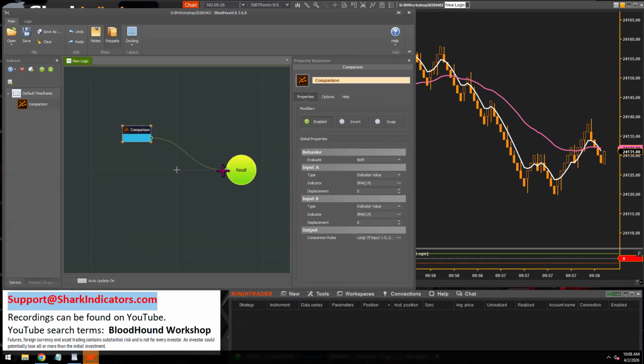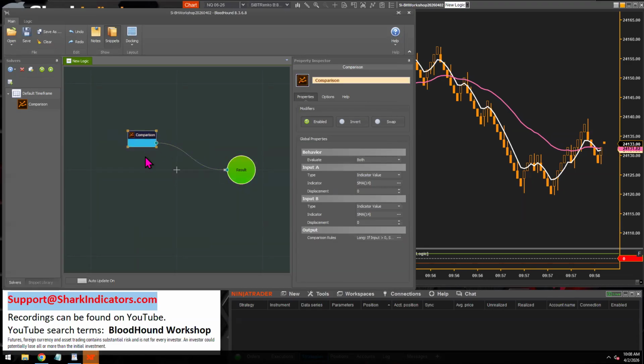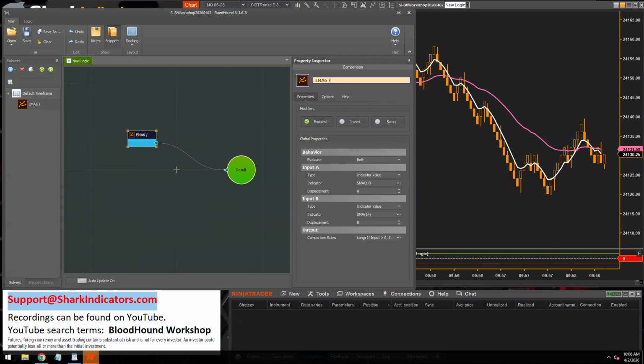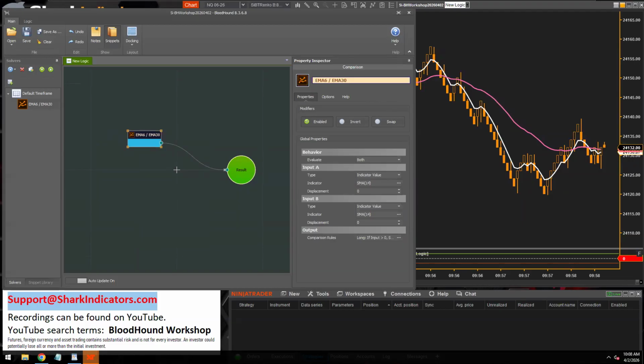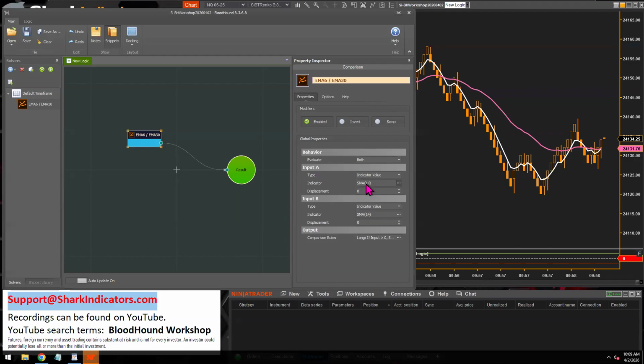Let's rename this, EMA 6 to the EMA 30. Input A is almost always the faster moving average. So let's open up the indicator, and then we'll plug in the EMA.